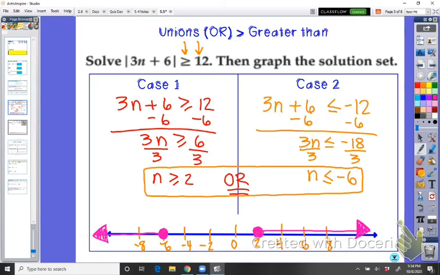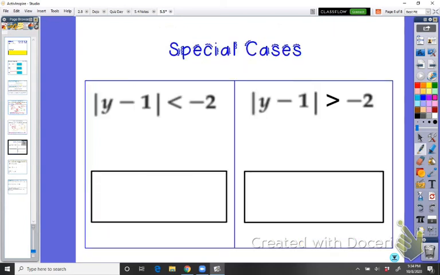And then we have to consider one other thing, these special cases. When we talked about absolute value equations, the absolute value we knew was a positive number and it could never equal a negative number, so that's why it had no solution. But with these you have to be careful on the sign of the inequality symbol. So we're going to take a look at both of these.